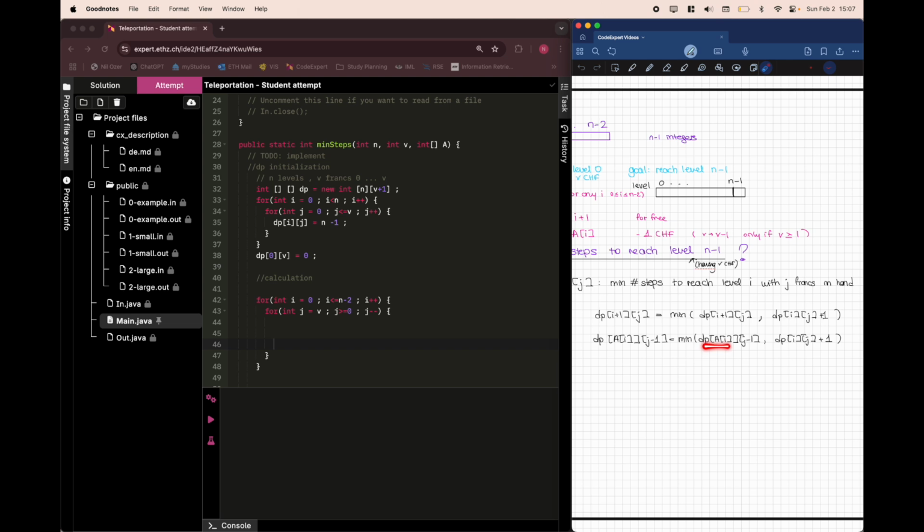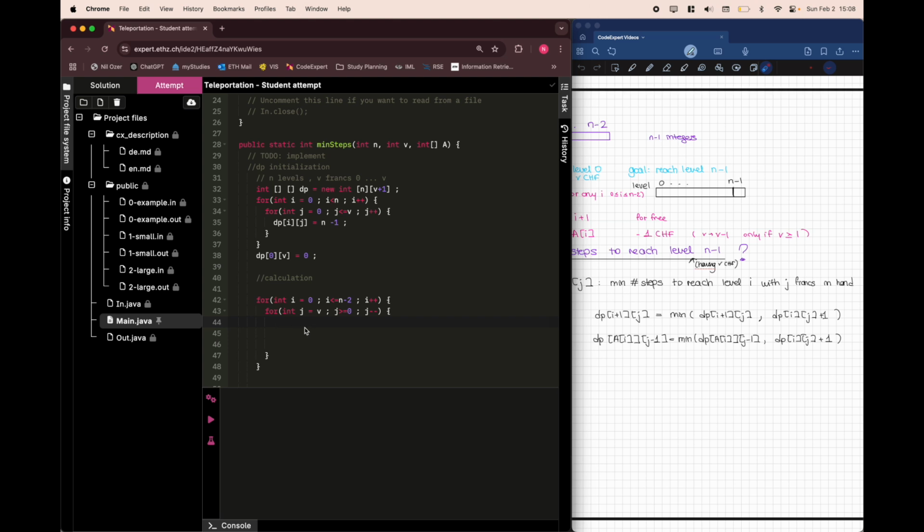So this is always larger than i. For you to not have an array out of bounds exception, i can be at most n minus 2, because we're calculating with i plus 1. N minus 2 plus 1 will be n minus 1, right? So that's why i goes till n minus 2.